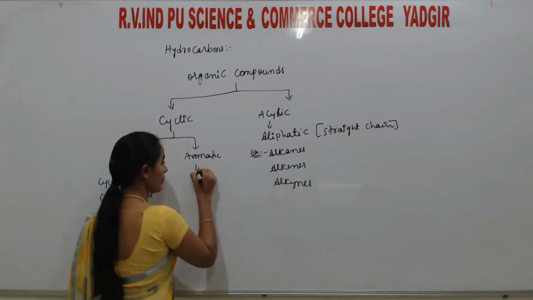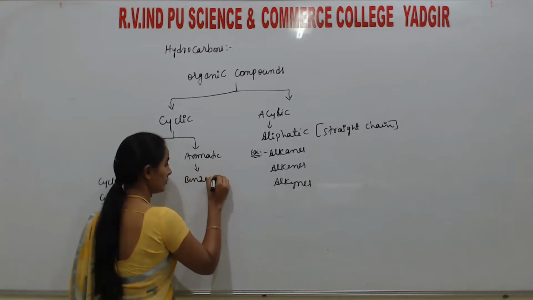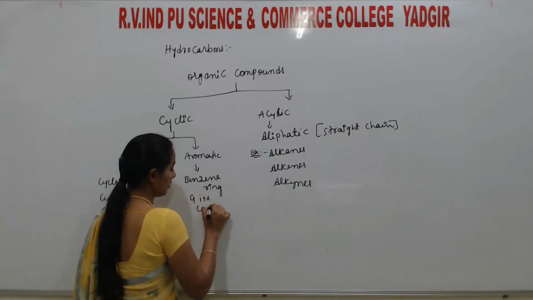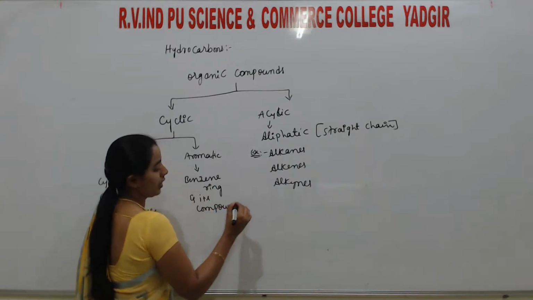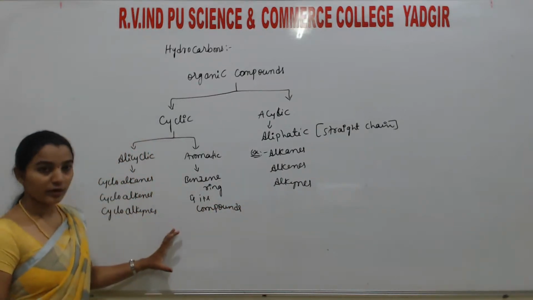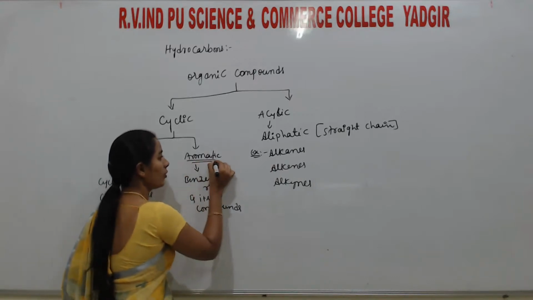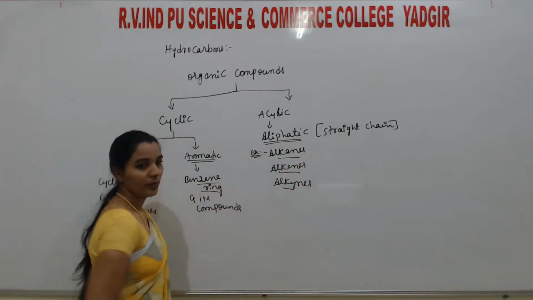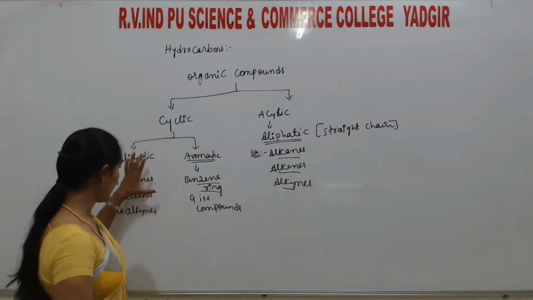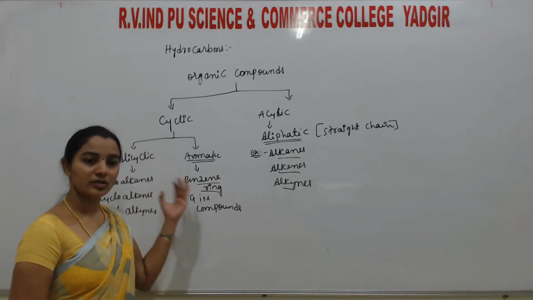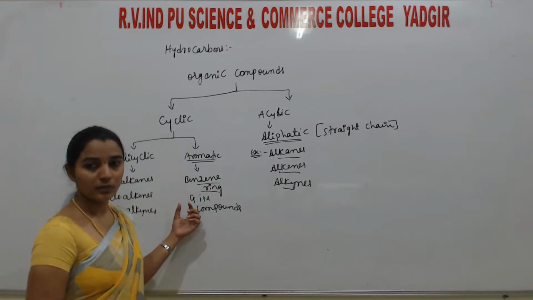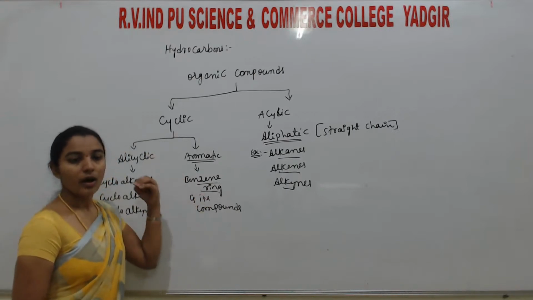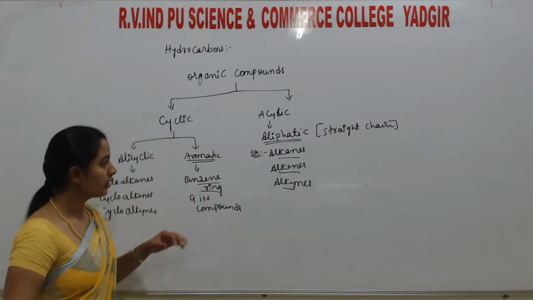And aromatic means purely the benzene ring and its compounds, nothing else. That is aromatic. For your syllabus, we are going to study only aliphatic, meaning alkanes, alkenes and alkynes, and the aromatic compounds. This cyclic we won't study in this chapter because in the previous chapter of organic chemistry we already studied in nomenclature everything: what are these cyclic compounds, how they behave, how the nomenclature is done.